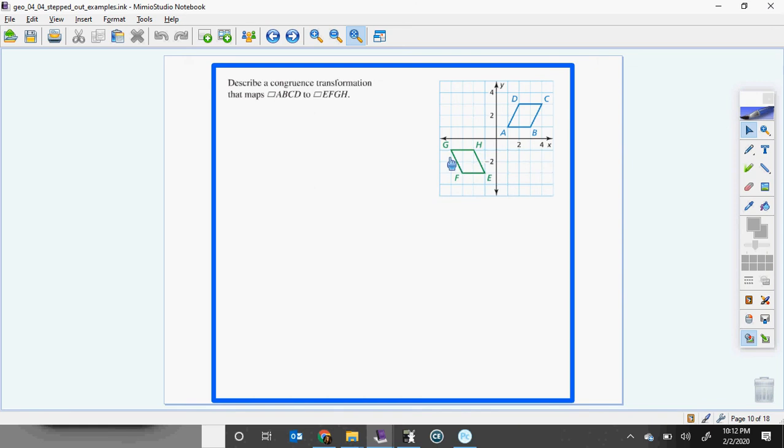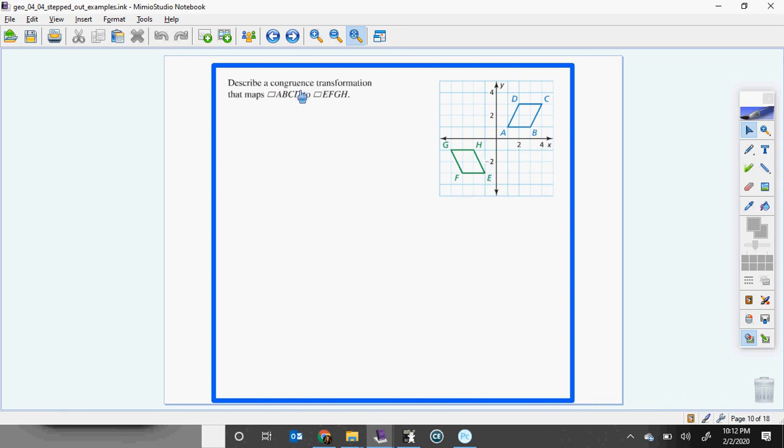Well, it's flipped, so for A to come to that point, I need to first flip this about the y-axis. So I'm going to reflect it about the y-axis. If I reflect it about the y-axis, A is going to end up being right there. Well, then I need A to drop down 1, 2, 3, 4 points.